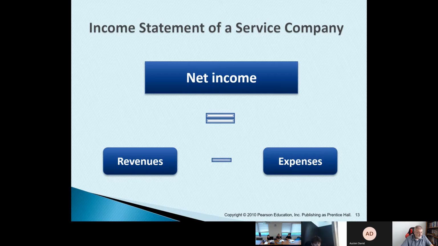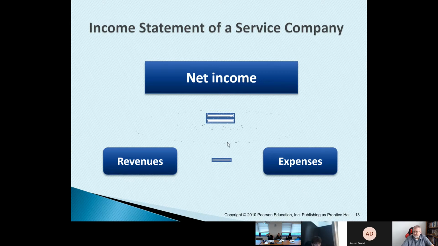Well, he made $1,000 and he had $600 for his car payment, $200 for his fuel, and $68 for his insurance. So his expenses for that month were $868. He made $1,000. So as far as his profit, which is just simply, or his net income, which is his revenues minus his expenses, how much has he got? Well, he's got $32 left. He didn't make a whole lot of money in that month. If you go with those numbers that I pulled out.